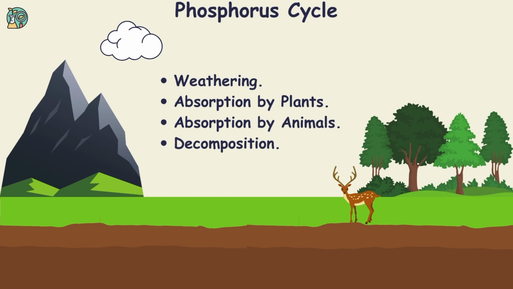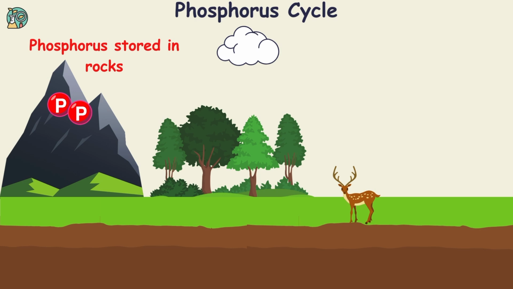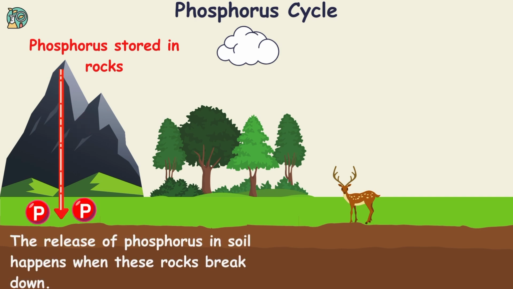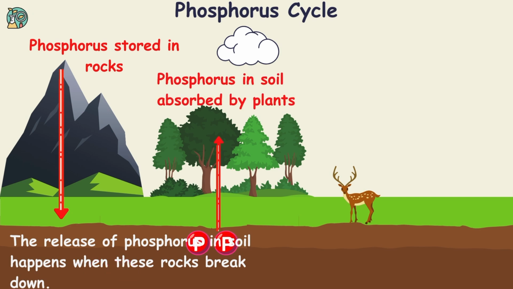Now let us see in detail the terrestrial phosphorus cycle, or the phosphorus cycle that occurs on the land. The first stage is weathering. The phosphorus is originally stored in the rocks. Because of weathering, these rocks break down into smaller pieces which ultimately releases the phosphorus into the soil. In the next stage, this phosphorus which is present in the soil is absorbed by the plant.